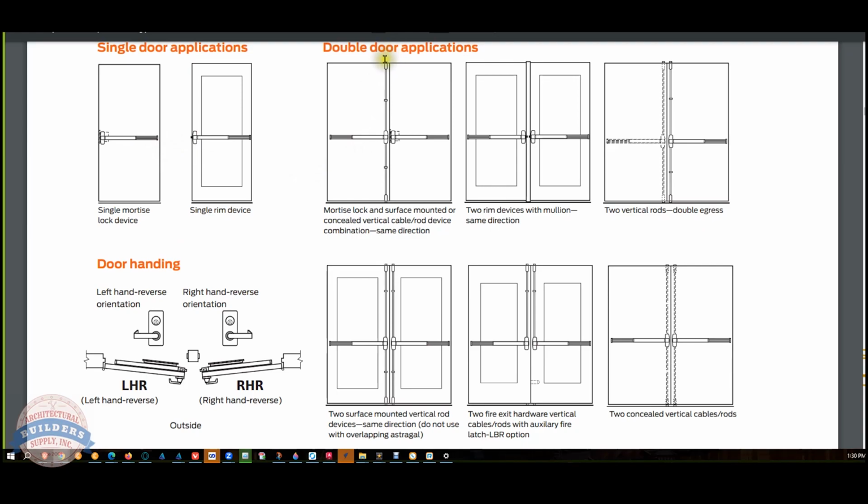In a single door, you can latch it top and bottom if you want. Multi-point locks or exits for single doors exist. But generally when it's a single door, you'll have a rim or a mortise. You may do vertical rod if you're trying to accomplish multiple points of securing the door.